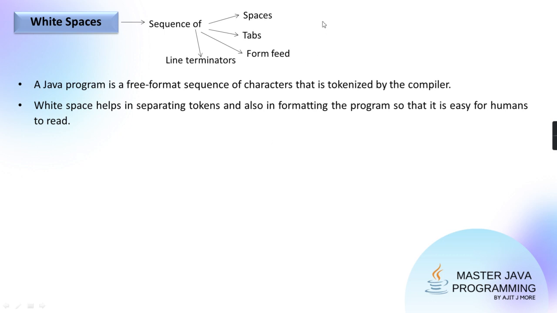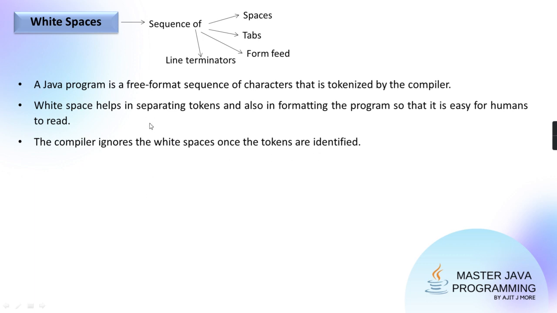Because as I said, if I type the whole code in one line, it's still going to compile and give you the output. And if you split it on multiple lines and put tabs and all, it is still going to compile. The compiler ignores extra white spaces, whatever extra white spaces are there, once the token is identified.